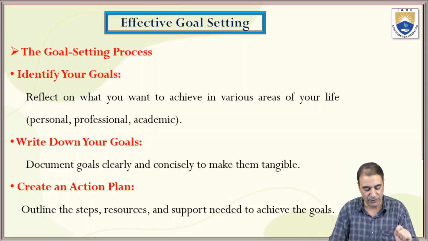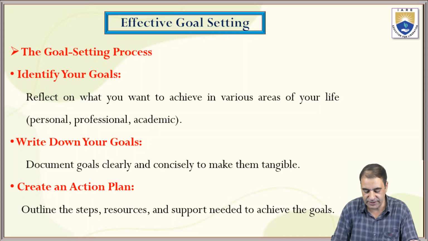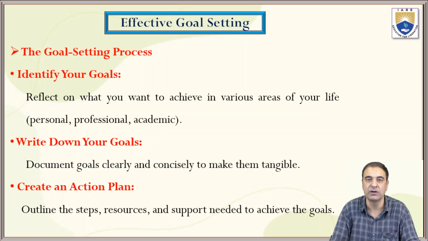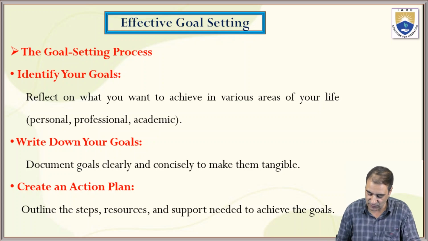Then resources: what resources you have at your disposal while trying to achieve a particular goal. And the next one is the support needed to achieve the goal, and what support you can take from anyone in order to achieve a particular goal. That's why we say create an action plan. It should be well structured. It should be well calculated.